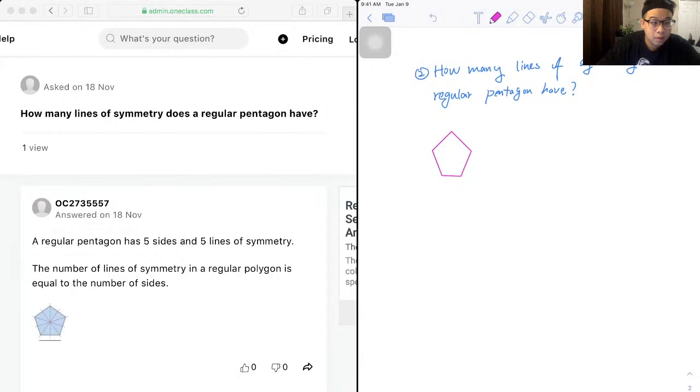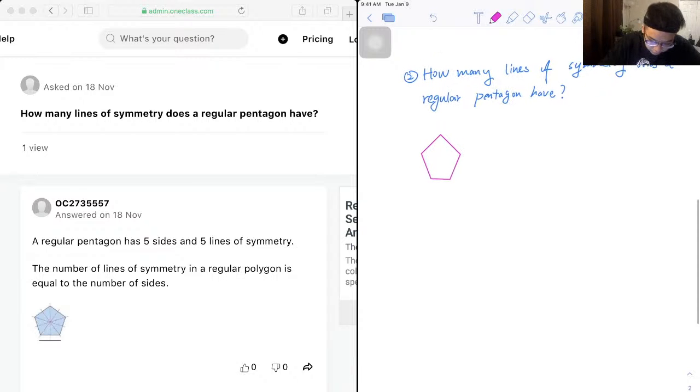So if we draw the lines of symmetry, there are 1, 2, 3, 4, and 5.